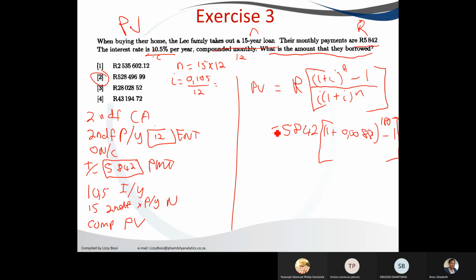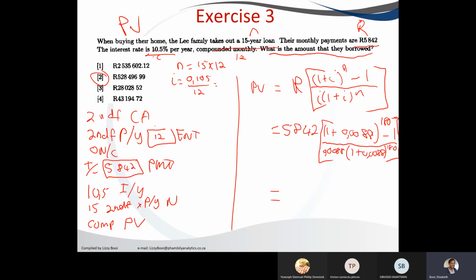Divide by 0.0088 times 1 plus 0.0088 to the power 180.